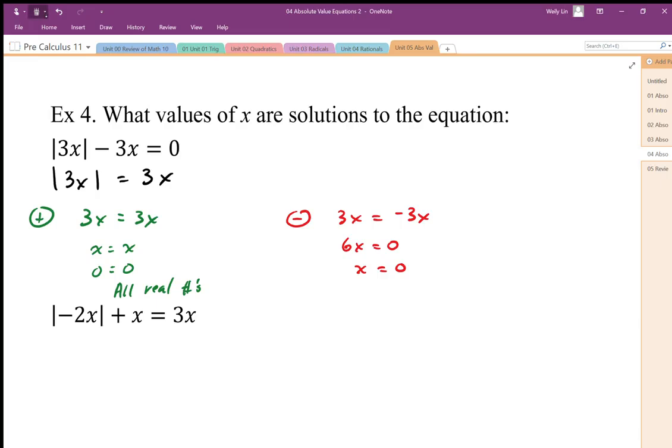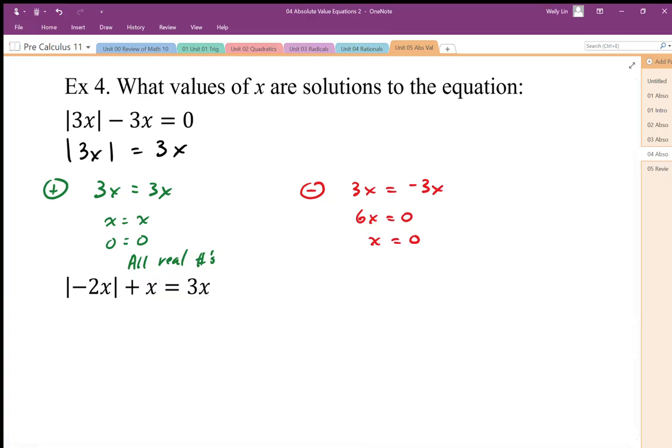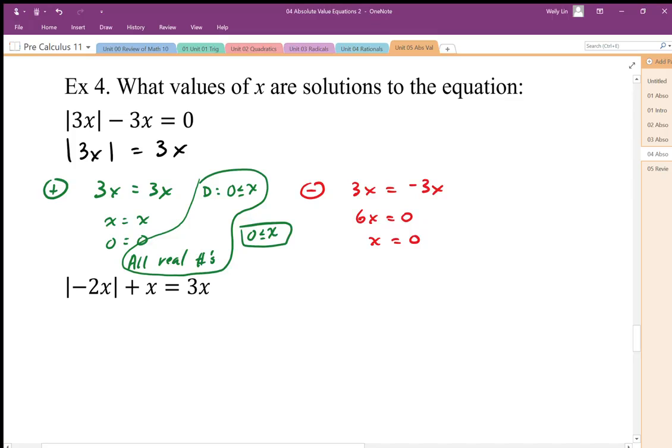So let's do some domain analysis here. The domain of the green is when the inside is bigger than 0, so that's when x is greater than or equal to 0. So putting these two parts together, the solution is going to be not all x's, but when x is greater than or equal to 0, that is our solution.